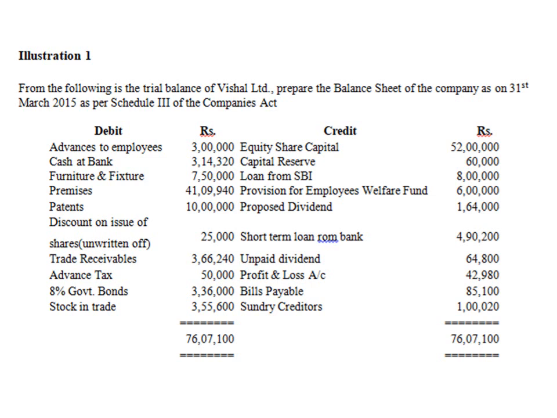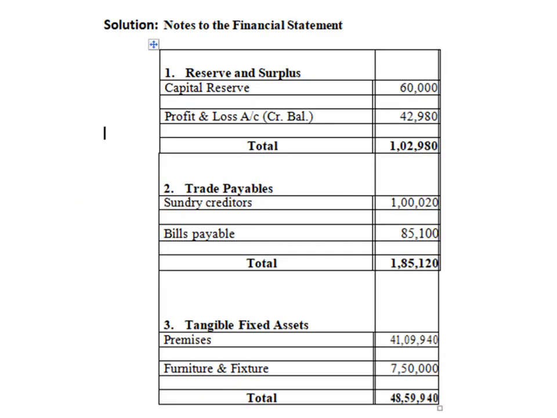This has to be merged with the capital reserve, which I will show in the workings. Then we have bills payable and sundry creditors. These two items should be added together and shown under trade payables. Now if you look at the workings, as you can see, the P&L account credit balance and capital reserve should be added and shown under reserves and surplus.